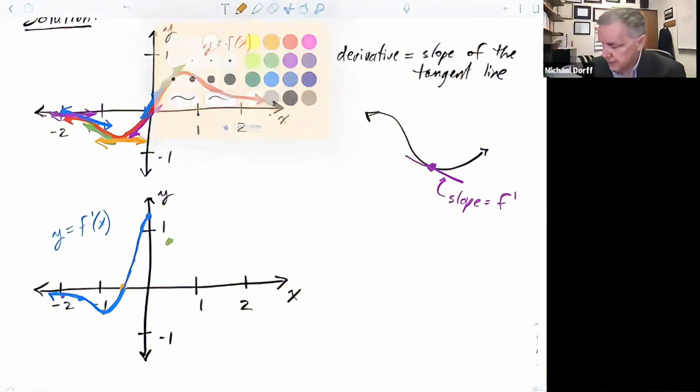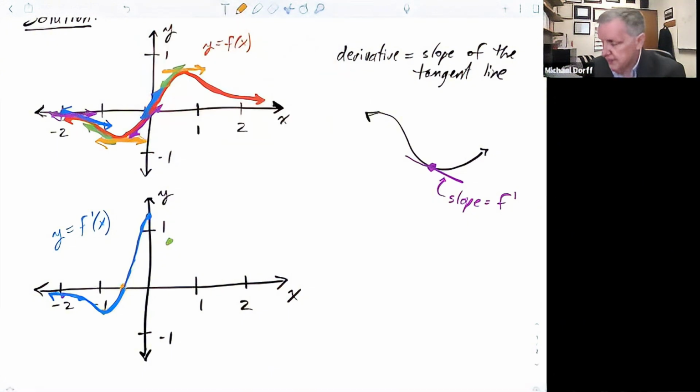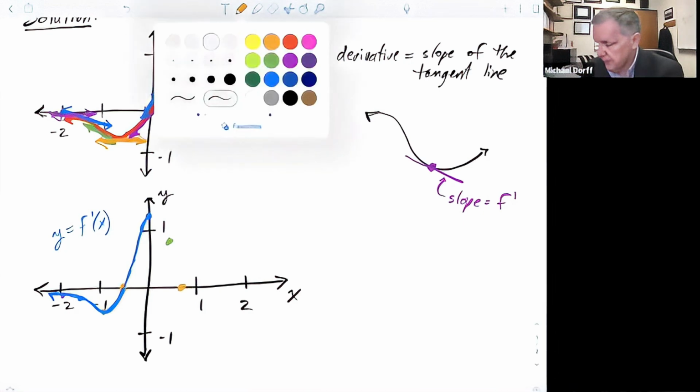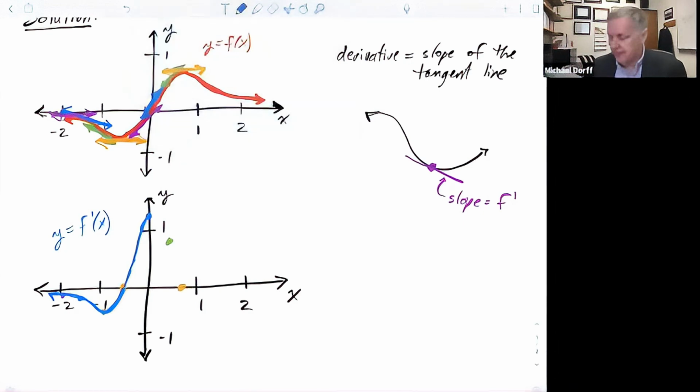When I get to here, the slope of that orange line is 0, so I'm going to go back to 0 again. If I draw in more of my graph of the derivative, it's going to look something like this. Now what happens when I go back to the red line? After that last orange horizontal line, if I draw in a tangent line here, what's the slope of that purple one?